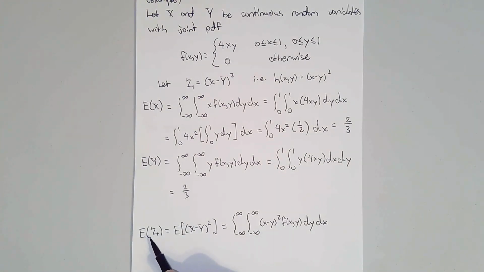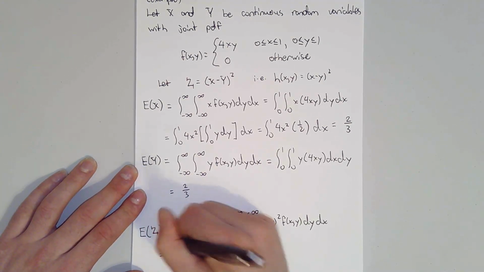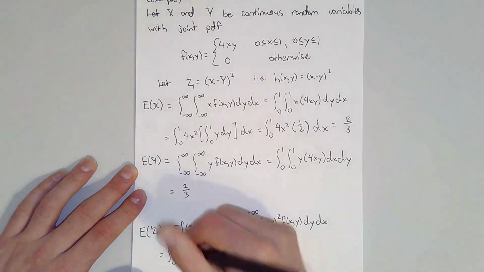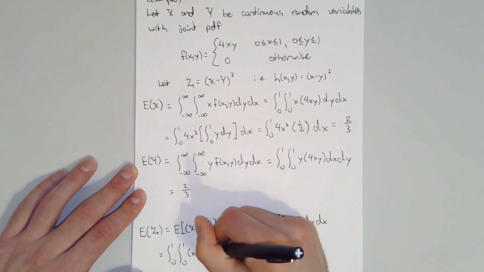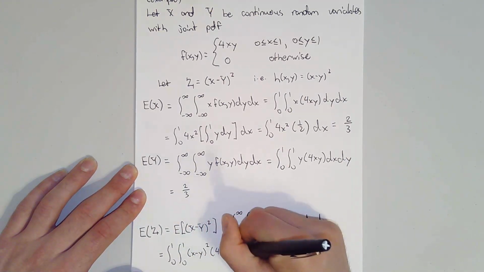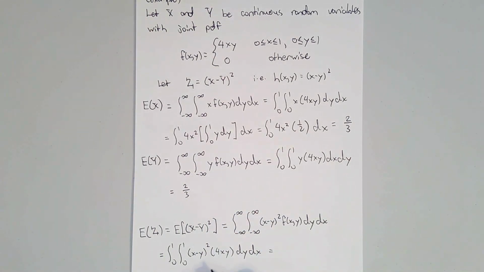So I should point out that many times we're going to compute the expectation of some function of x and y written explicitly like so. So therefore the expectation of this function of x and y is given by the following. And this reduces to the following double integral.